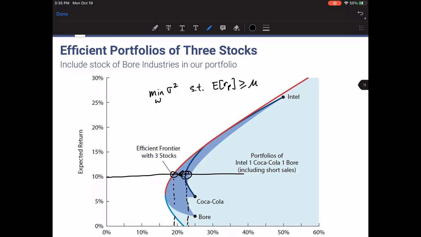So we're going to choose mu and also choose W such that our risk is minimized. That is the portfolio math that underlies the capital asset pricing model, which we will derive shortly in this lecture.